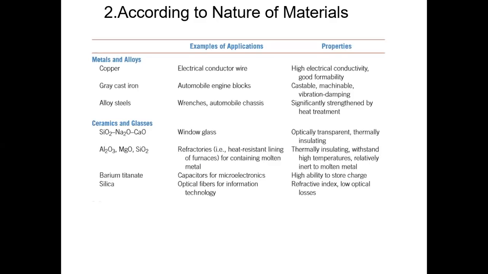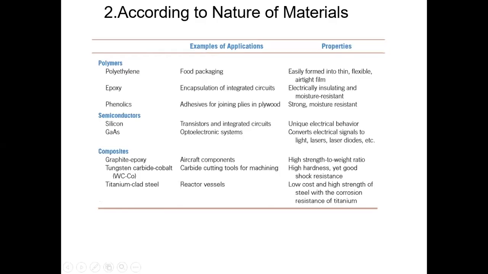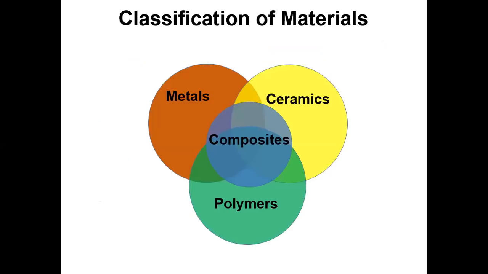So window glasses, also those kinds of refractories, you can group together. So this is another way. Again, we can group into polymers according to the nature of material, semiconductors, composites, like that.